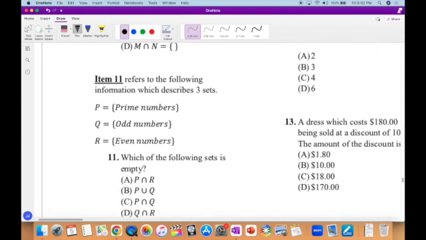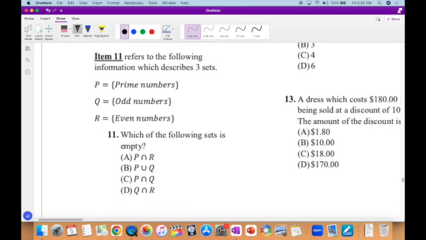That is B. Item 11 refers to the following information which describes three sets: prime numbers, odd numbers, and even numbers. Which of the following sets is empty? Well, obviously, the odd intersect the even. So Q intersect R. Do they have anything in common? No, Q intersect R would be it.